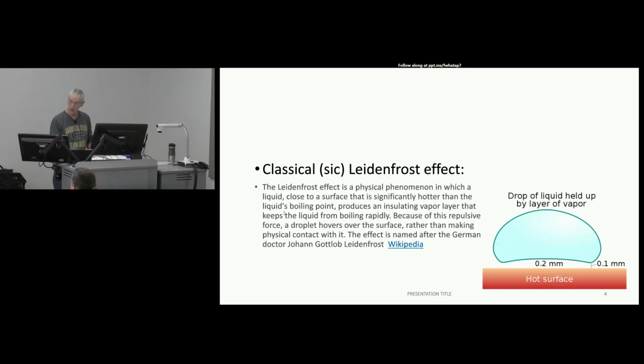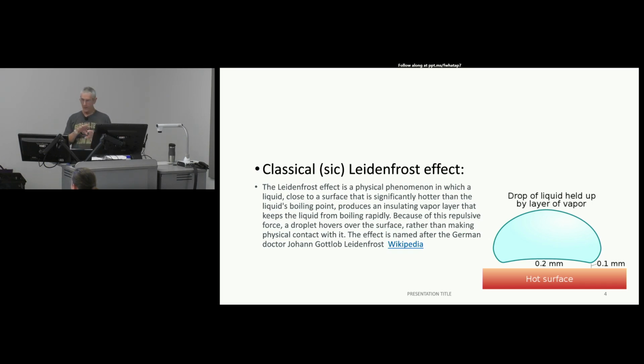The wiki page's a good resource. The classical Leidenfrost effect, God bless Wikipedia, because all things flow from it. It's a physical phenomenon where the liquid is actually generating a vapor layer due to the very high heat of the substrate or the surface that it's sitting on.